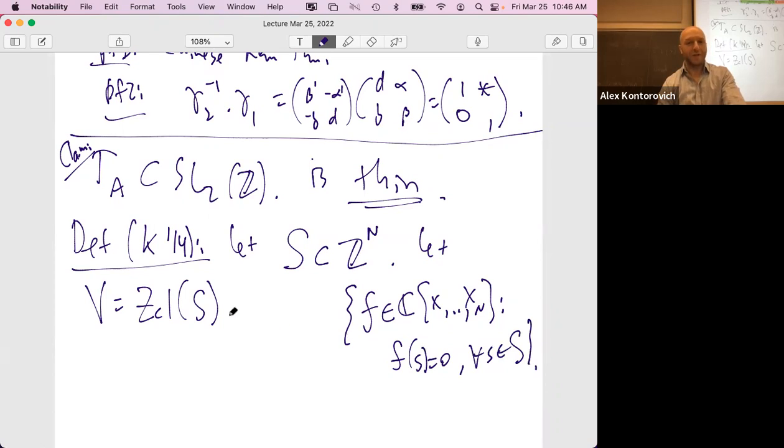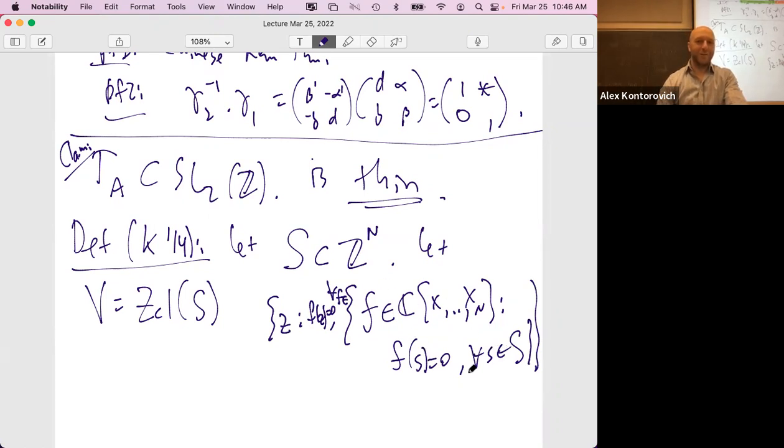So I want the polynomials that vanish on all of these sets. In the intersection of these polynomials, in other words, I want the set of all points z so that f of z is equal to 0 for all f in this set.